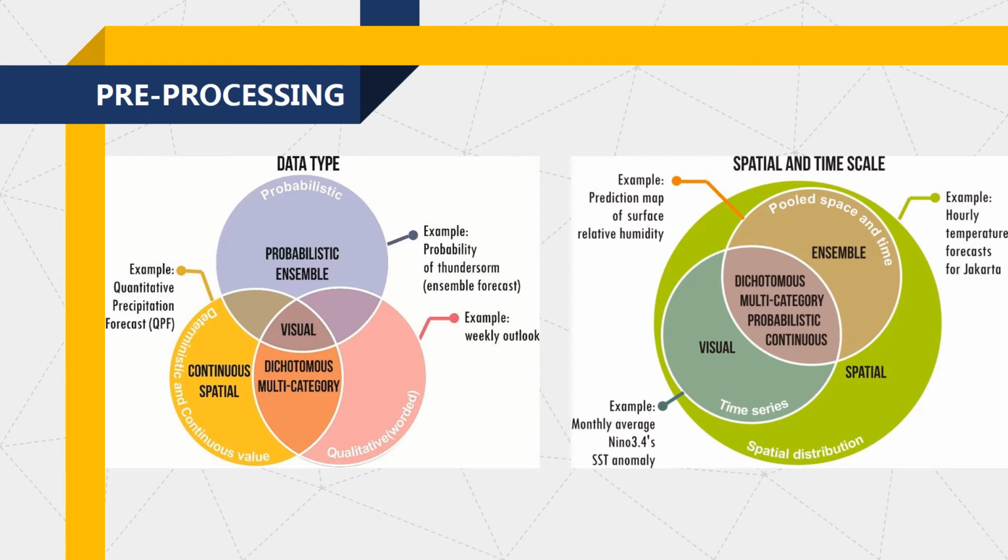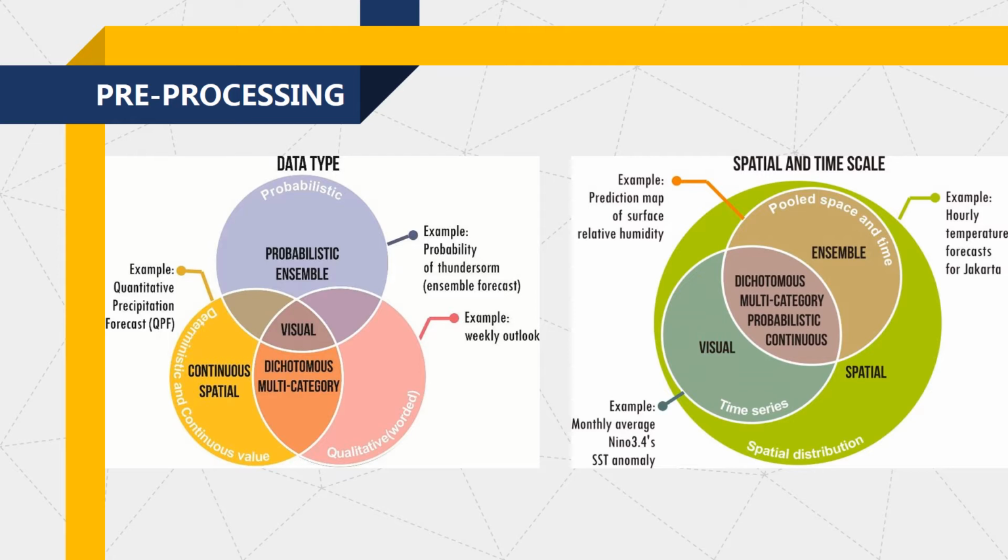Based on data type, there are three types of data: probabilistic, qualitative or worded data, and deterministic and continuous value. Probabilistic, like probability of thunderstorm, ensemble forecast, and so on.